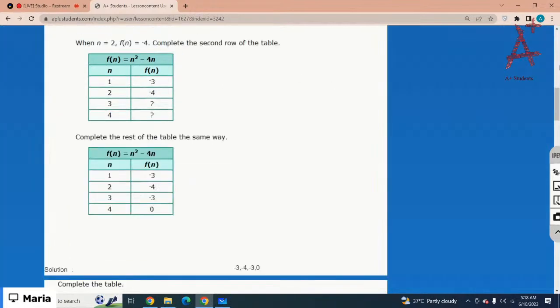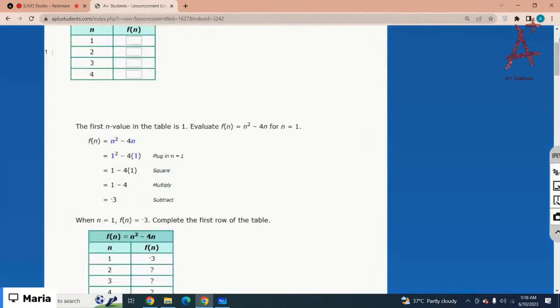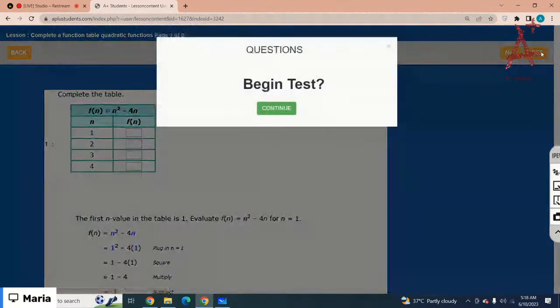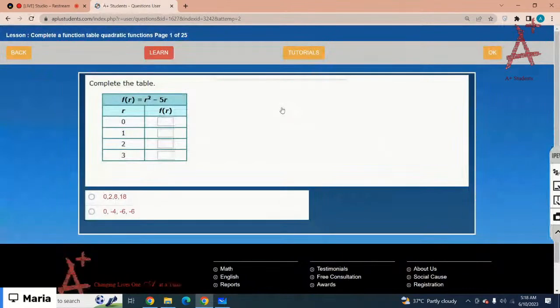Okay, let's start with the test questions. Complete the table. You are given f of r equals r square minus 5r.